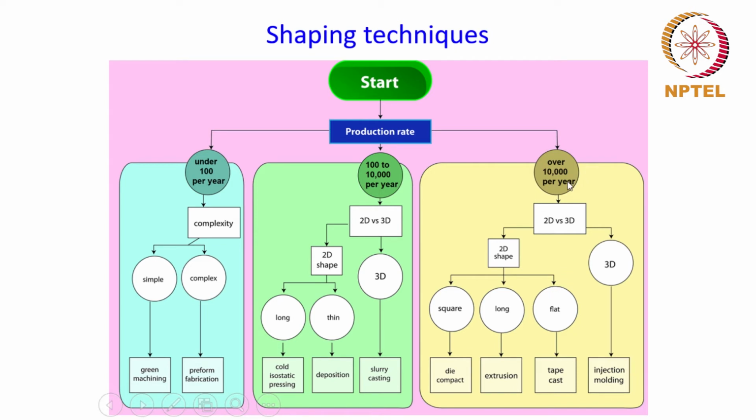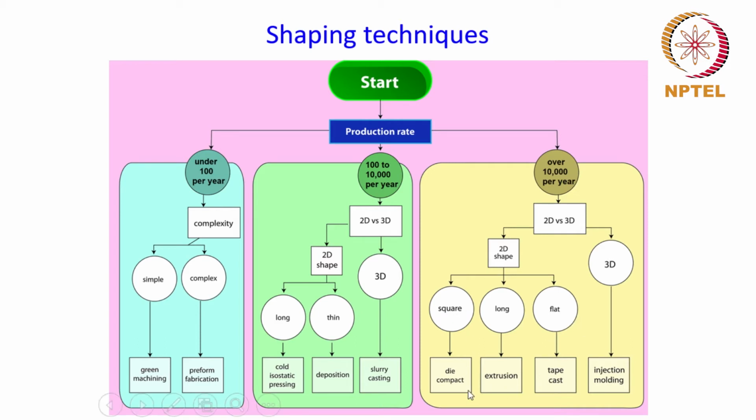Now, when it comes to high production rate over 10,000 per year, then again, depending on whether it is 2D or 3D and the complexity of the shape, a particular shaping process can be selected. For example, for the 2D shapes, you can have these kinds of product shapes: square, long product, or flat product.